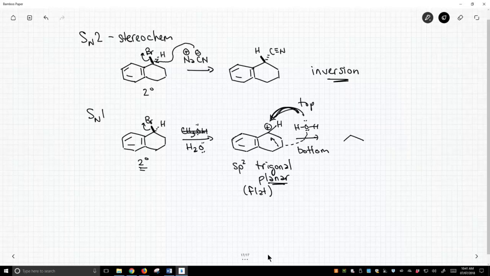So we are going to form a mixture of having the OH, or the water, attacking from the top and the bottom face. And it's going to be a 50-50 mixture.